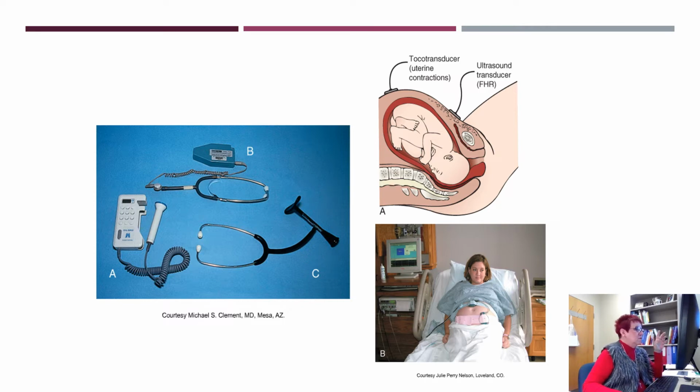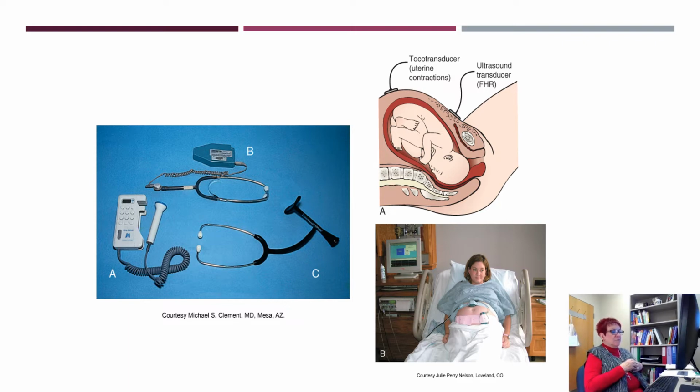B is one that cannot be heard by anybody but the examiner. And so once the little flat piece there at the end, you put the ultrasound jelly on and then you listen, and then sometimes you can pass those ear pieces to the mama or the daddy. And then the C, this is a very old device, but it's still used. It's called a fetoscope, and I've got a picture of it here in just a minute. And you listen, it's like a stethoscope, but it's for babies.